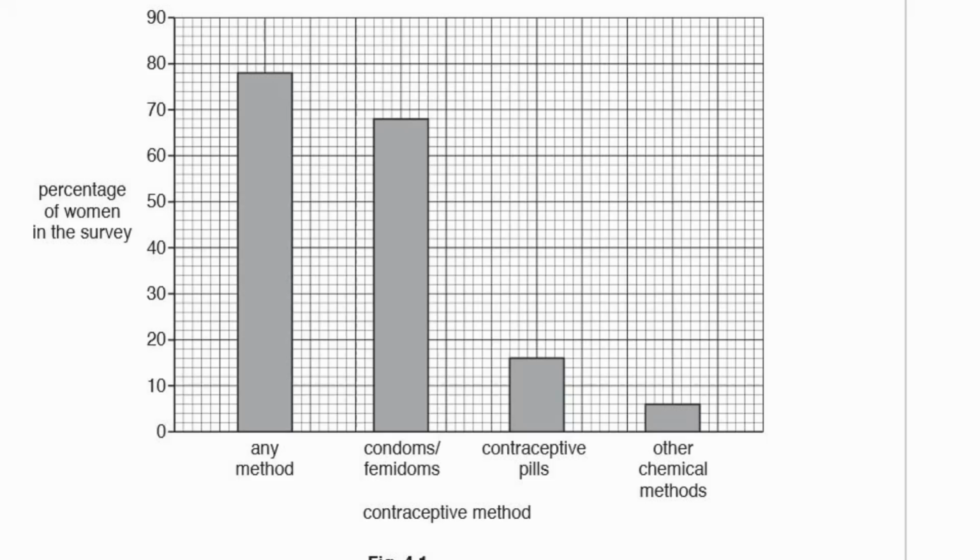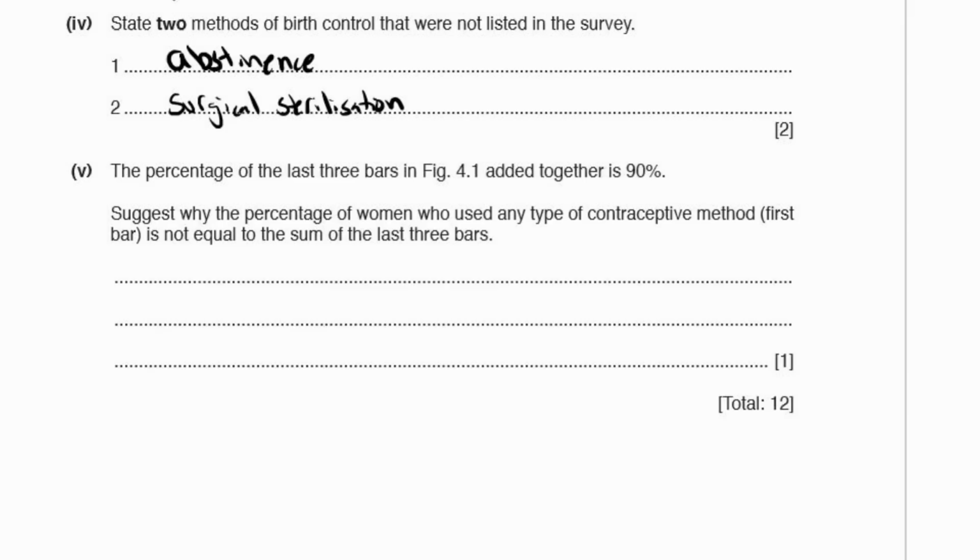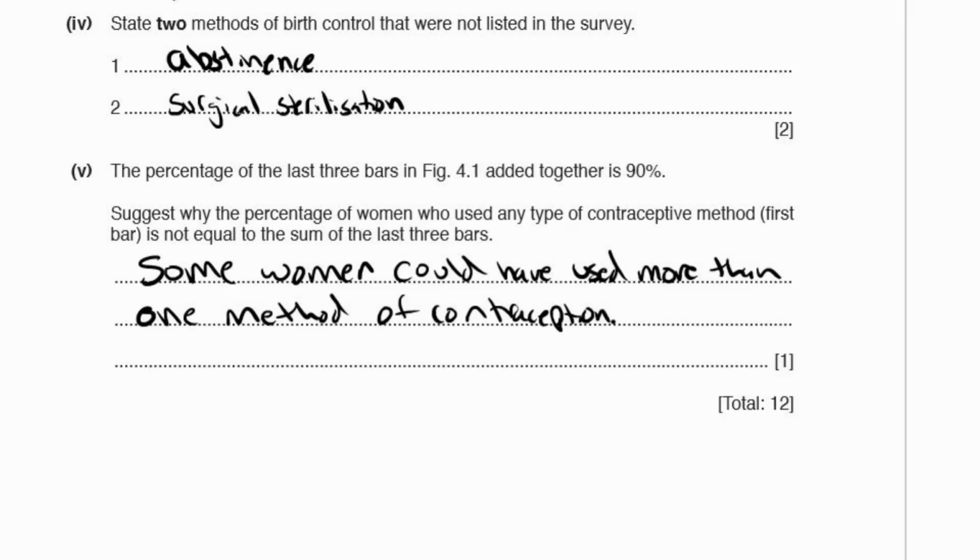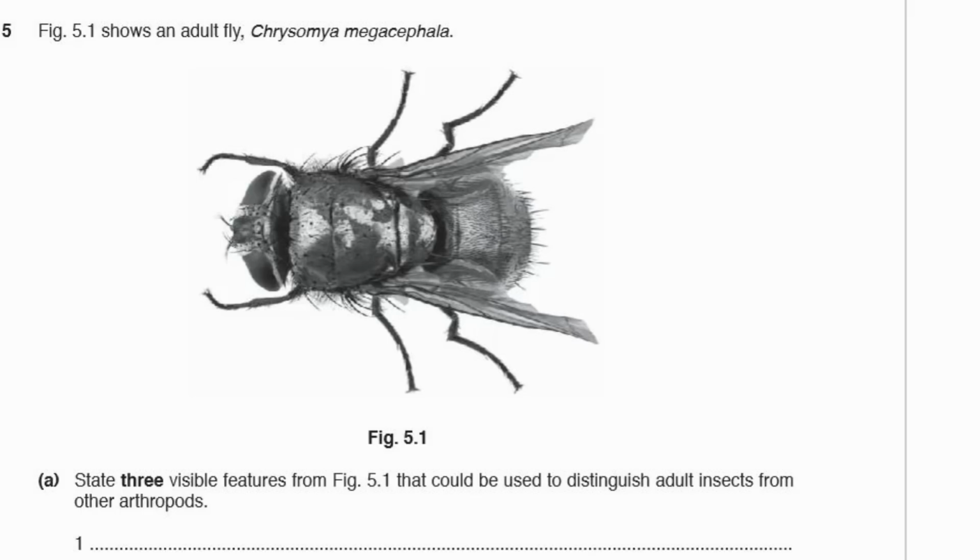Another possible reason is that the people completing the survey didn't do it either correctly or honestly. So the highly likely answer there is that some women could have used more than one method of contraception. But as I said, you could also say that some people may not have completed the survey correctly or honestly. That also happens. That's just a problem with surveys in general.